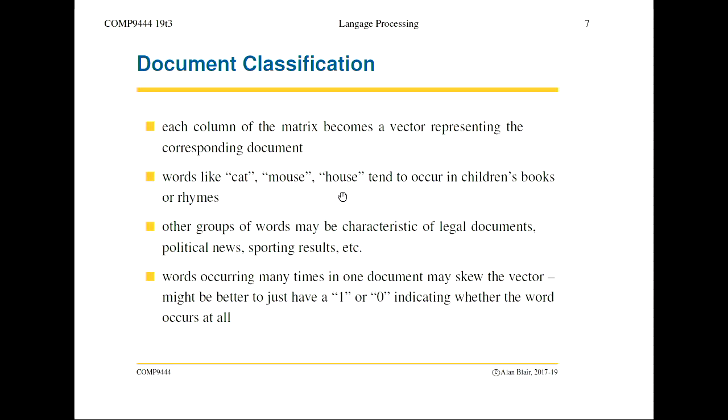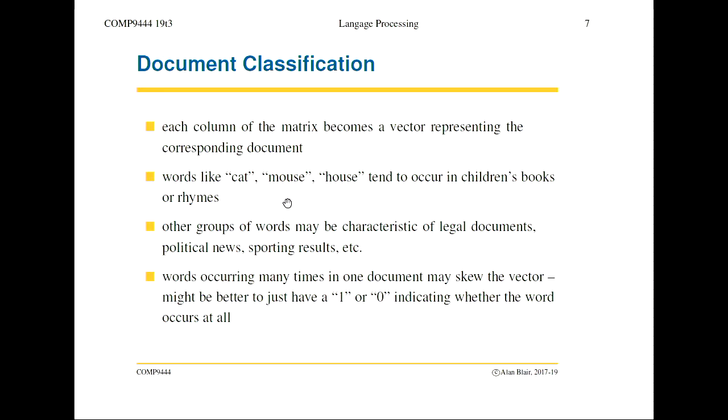Now what you find is certain words tend to occur in children's books or rhymes. You know, cat, mouse, house. If you're familiar with the work of Dr. Seuss, or if you've looked at some children's books, they're much more likely to contain the word mouse or cat than a legal document, for example.